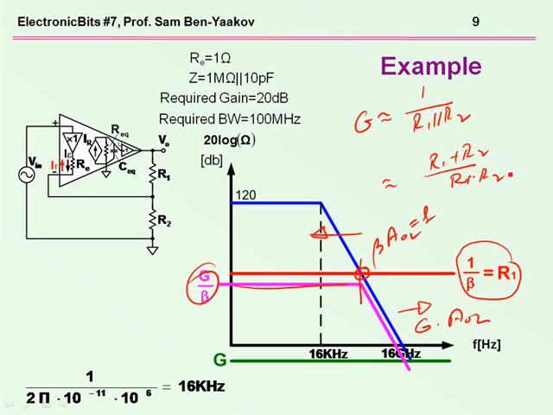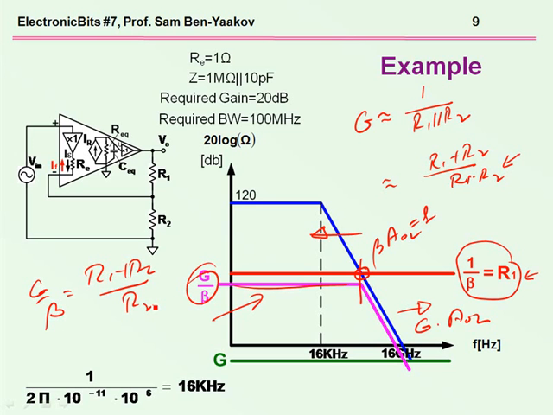Now, as we remember, the gain in this region is G over beta, and lo and behold, when we divide G by beta, or multiply it by 1 over beta, we get that G over beta is equal to R1 plus R2 over R2, and this is exactly what we would expect from a non-inverting amplifier.